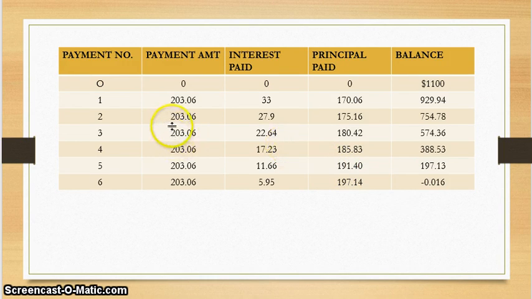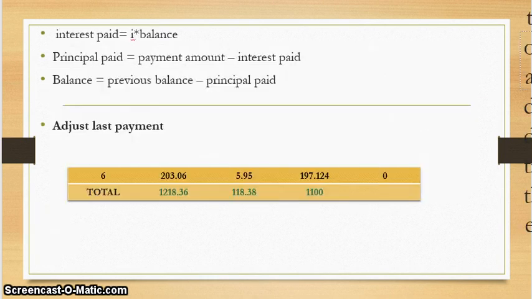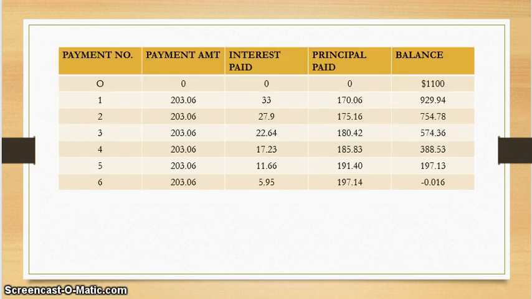So you use these formulas to complete the table. When time is equal to 3, you find your interest paid by saying 0.03, which is our interest percentage, times the previous balance 754.78.